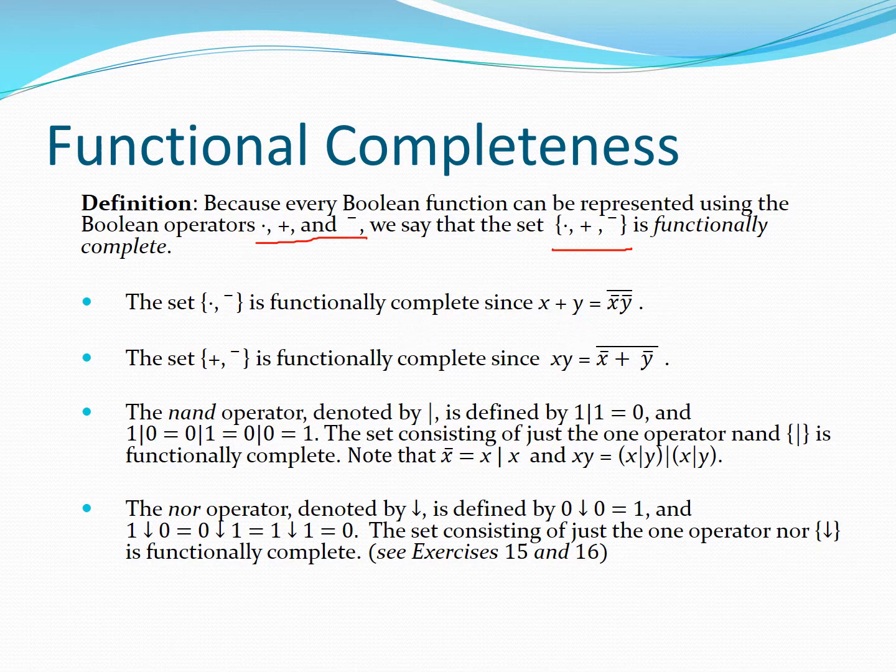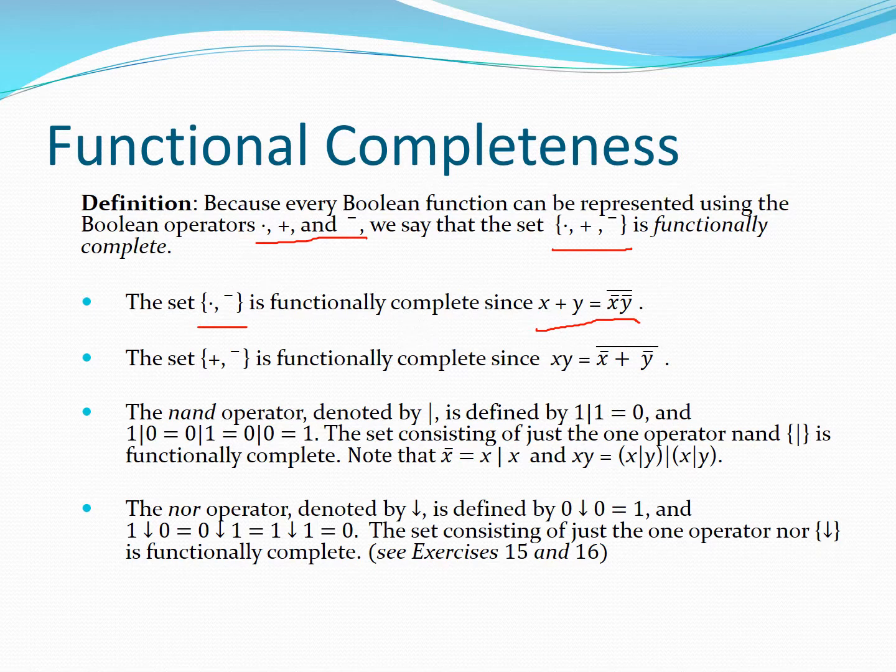All right, so now let's look at some other examples. The set containing only the product and complement is also functionally complete. Why? Because here is an example that shows how to take an addition between two variables and convert it into an expression that only contains the product and the complement operators.